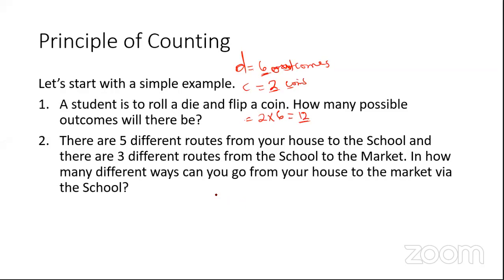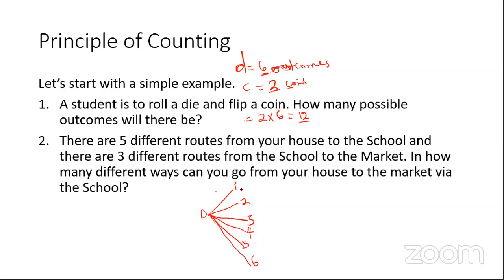Let's look at the practicability of it. For a die, we have 6. We can start from the die itself. If it is a die, let's use a tree diagram. You can have 1, you can have 2, you can have 3, you can have 4, you can have 5, you can also have 6.